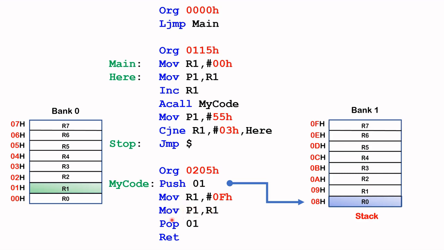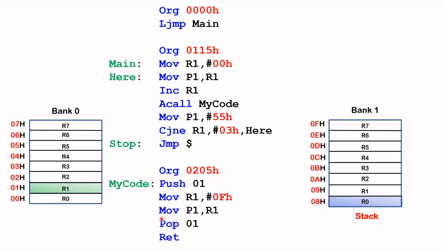Once this is done, it then pops 01. All right. What this instruction does is actually make a copy of the contents and restore it back to R1 or 01.